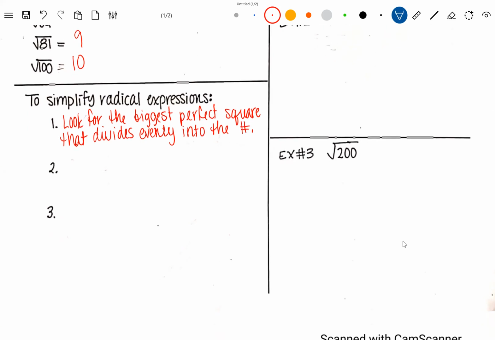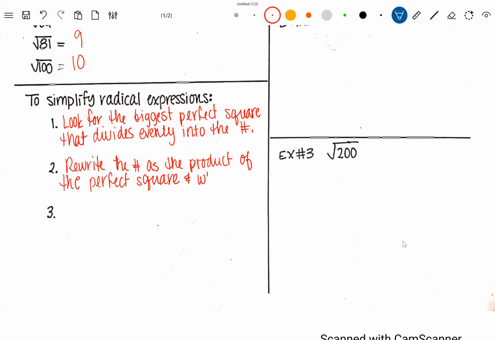Then we're going to rewrite the number as the product of the perfect square and what's left.